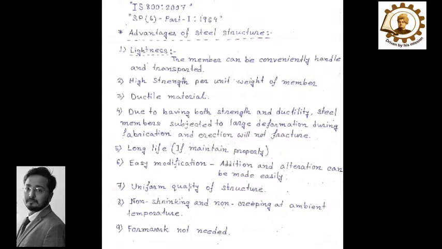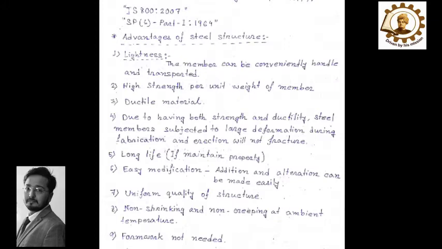In design of steel structure, working stress method and ultimate load method are almost obsolete, because IS 800 2007 introduced 100% limit state method. As we have to follow IS 800 2007, we have to follow the design procedure of limit state design.